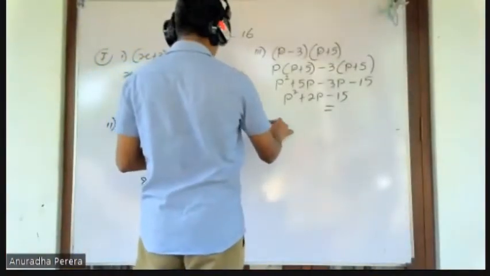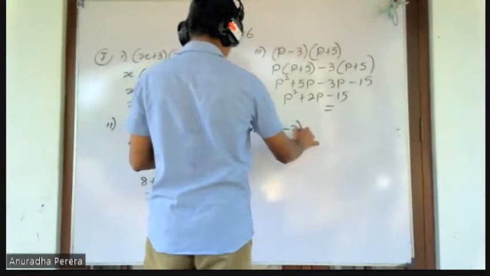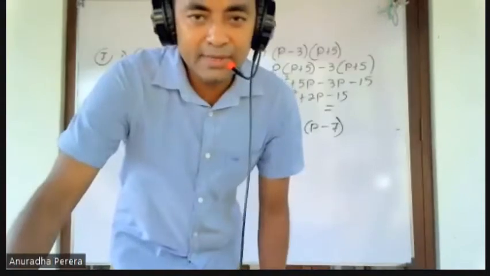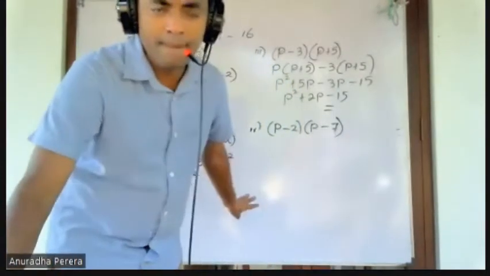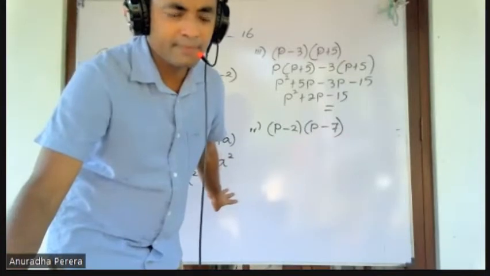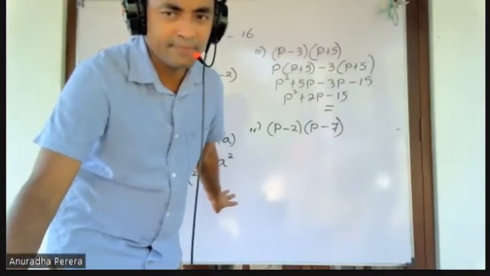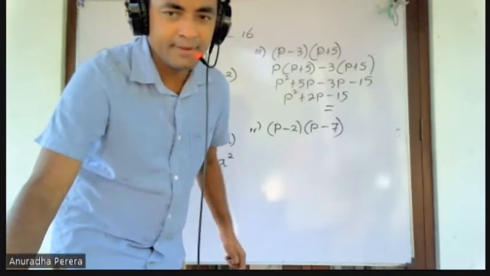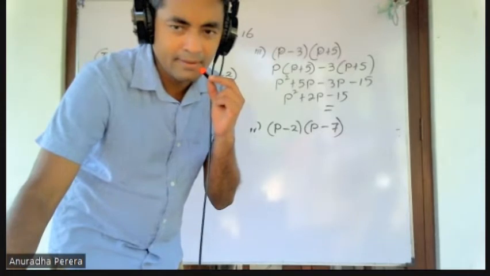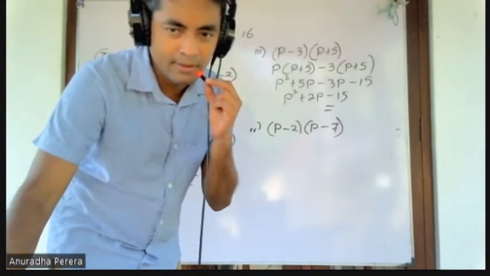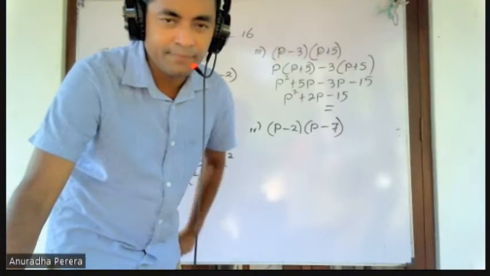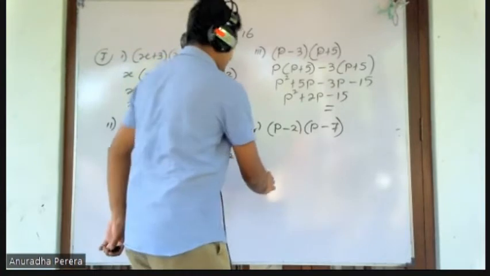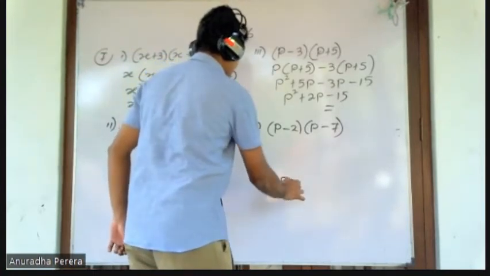Fourth question. P minus 2, p minus 7. Right? Sanuga, can you tell me the answer? Danura? P squared minus 9p minus 7.